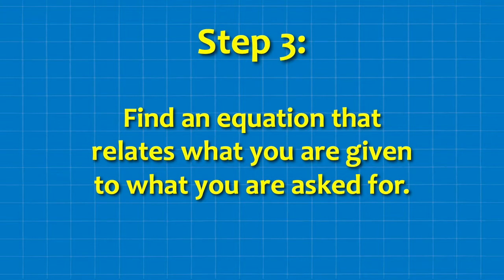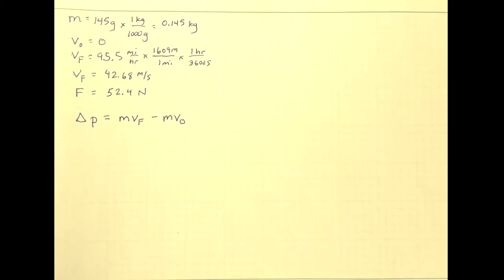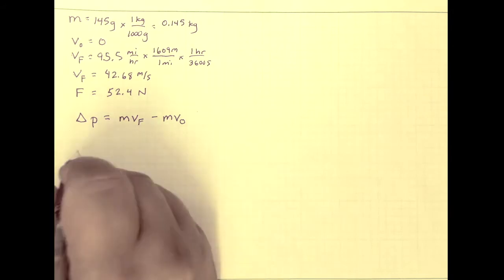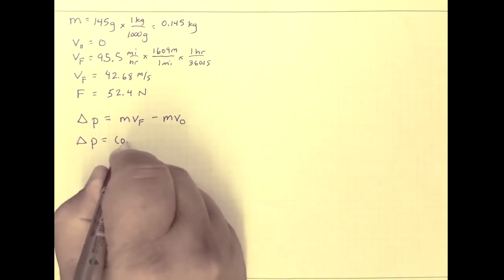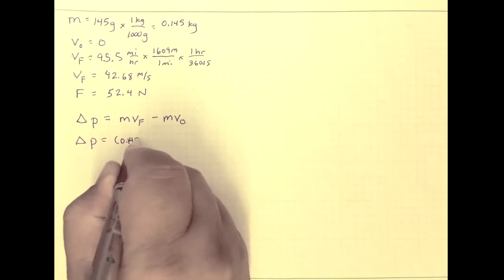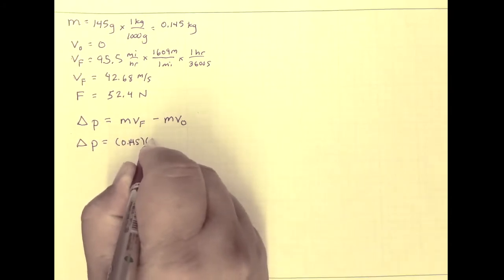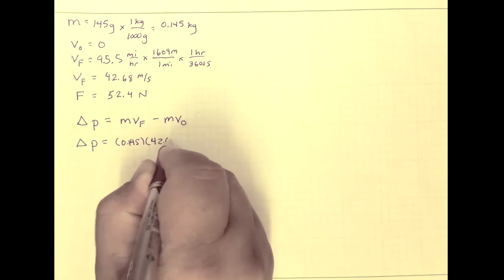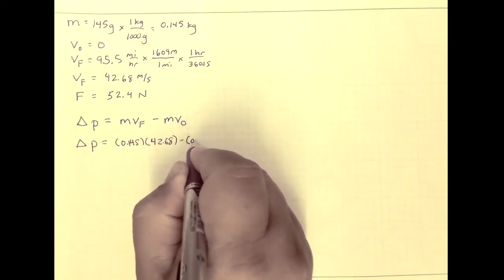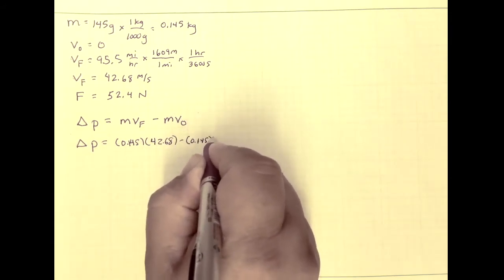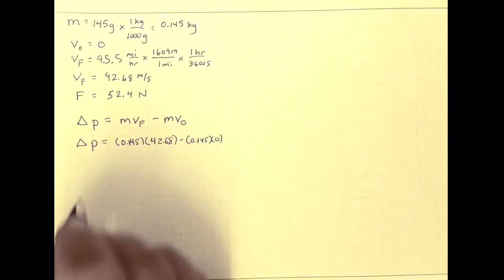So that's step 3, finding a way to connect what you know with what you are expected to find. Well, now that we have this in hand, it's easy to simply plug in the numbers and figure out that the change in momentum is the mass of the baseball times the baseball's final velocity minus the mass of the baseball times the initial velocity of 0.